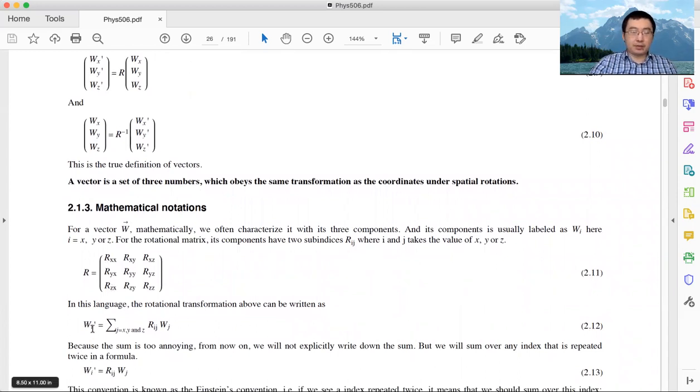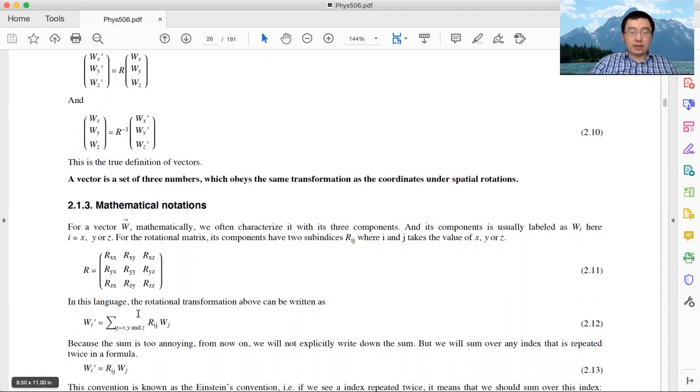The ith component of the W prime vector is related to the W vector in this specific way. Here R_ij are the 9 components of this rotational matrix, and we need to make sure that the second index is the same as the index of W, and we sum over this j index. That's the component formula of this matrix multiplication.